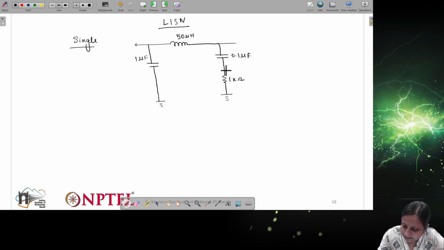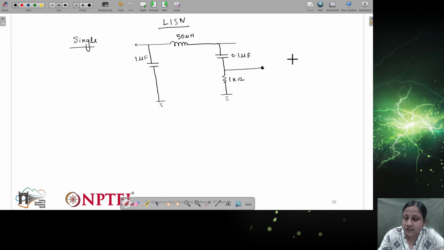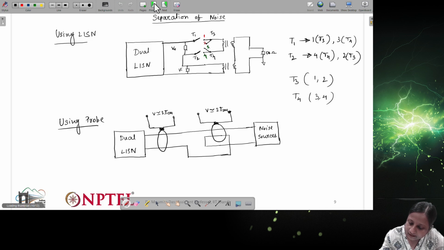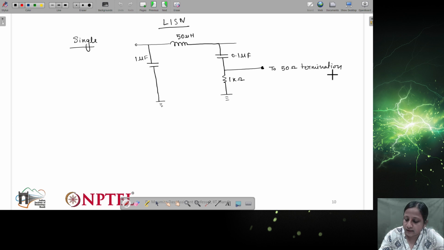Now this point will be connected to the analyzer, which has a 50 ohm termination, which you have already seen in the previous lecture, here at the output. This 50 ohm termination will go to the analyzer.